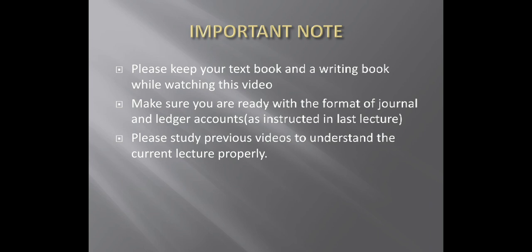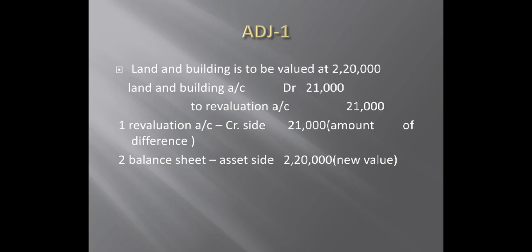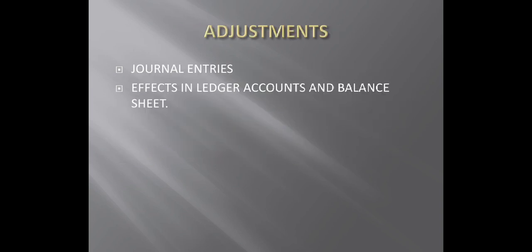Yeah? So we are going to start with the very first adjustment for today, which is land and building is to be valued at 2,20,000. This is the first adjustment. It is given after the balance sheet.